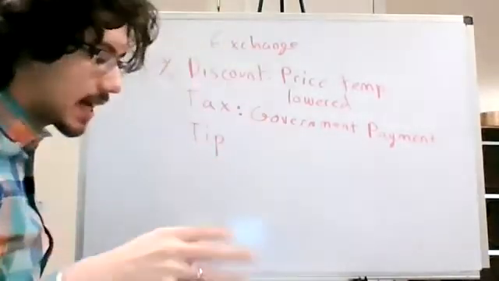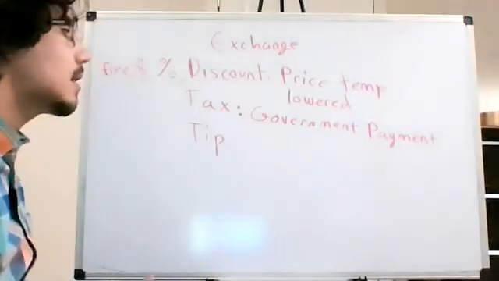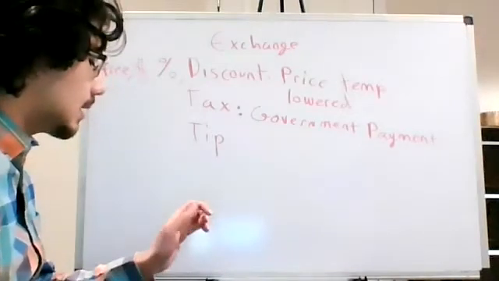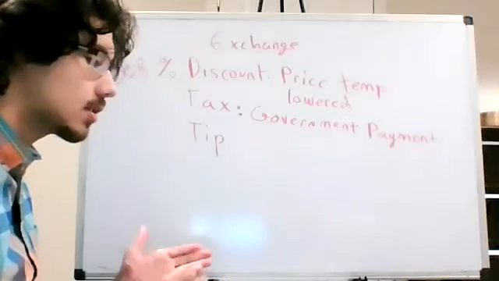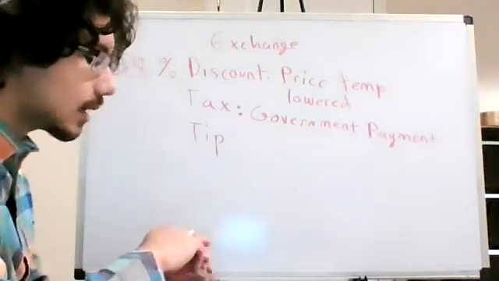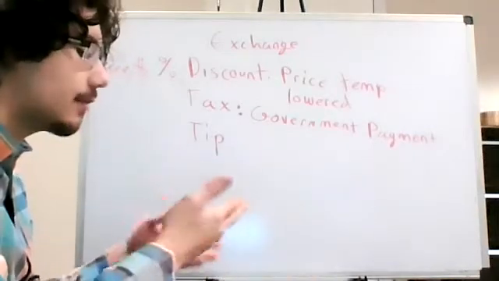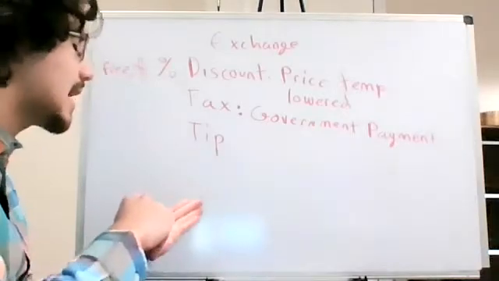I don't know how the tax works in Guyana. I know in the US, the way it works is that the government collects a certain amount of tax from a store. And what happens is the store raises the price of whatever they're selling by a certain rate, and that is the tax.